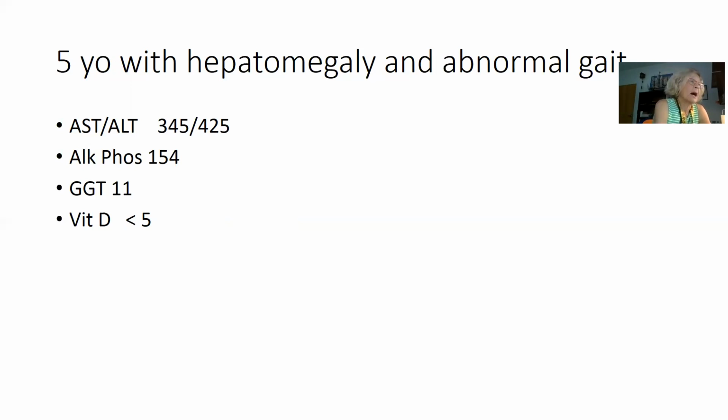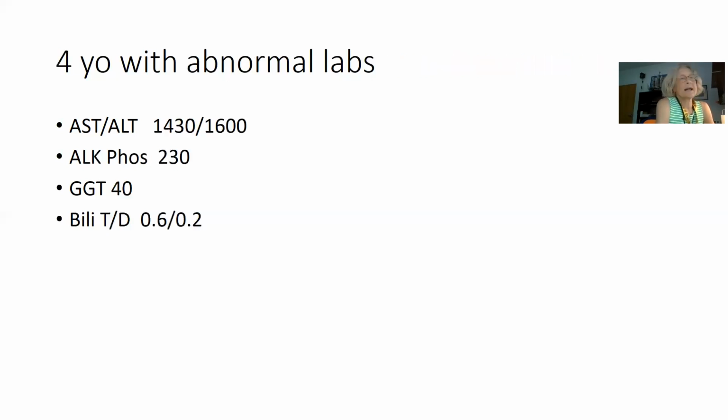And the combination of the really low GGT and the unmeasurable vitamin D made me think that he probably didn't have bile acids to help him absorb his D and to send his GGT up. So I sent a urine bile acids, and he had a bile acid synthetic defect.